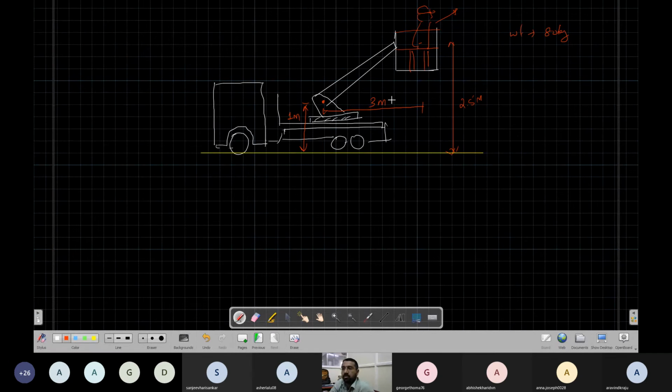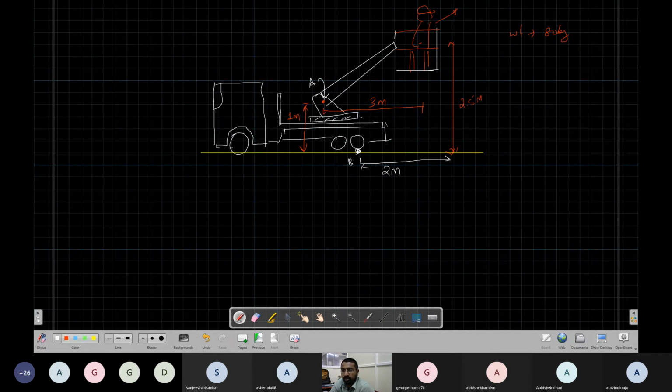Now what you have to try to find is, due to the weight of the person, but you can ignore all the weight of this, the moment at this point. Let's say I call this point A. I also want to find the moment at a point, let's say this back tire, which is at a distance of 2 meters.